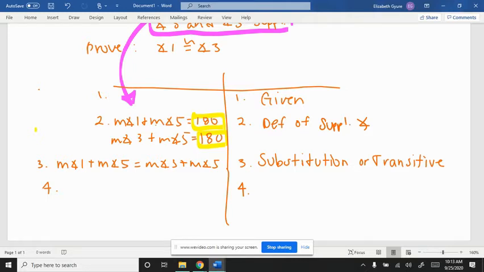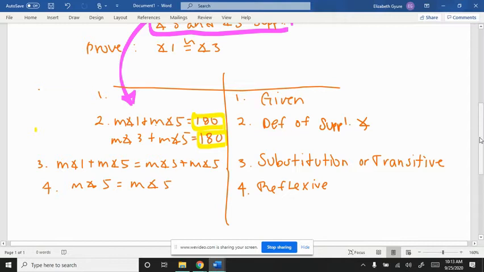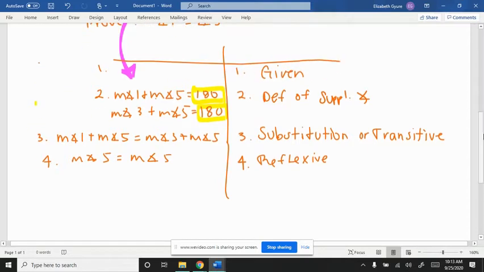Your textbook does, so that's totally fine. They have the measure of angle 5 equals the measure of angle 5 by the reflexive property. You are 100% allowed to do that, right? That's fine. That is correct. I don't do it in my proofs.